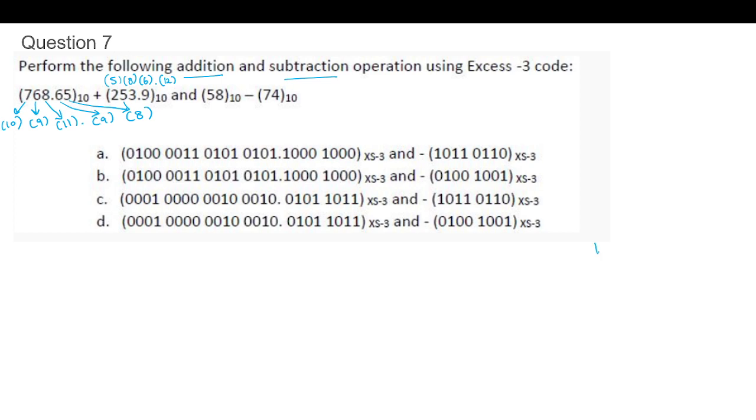So first is 5, next is 6, next 8. 8 will be represented as 11, then 9, then 10, plus 5, 2 plus 3, 5. 5 is, and then 8, 6.